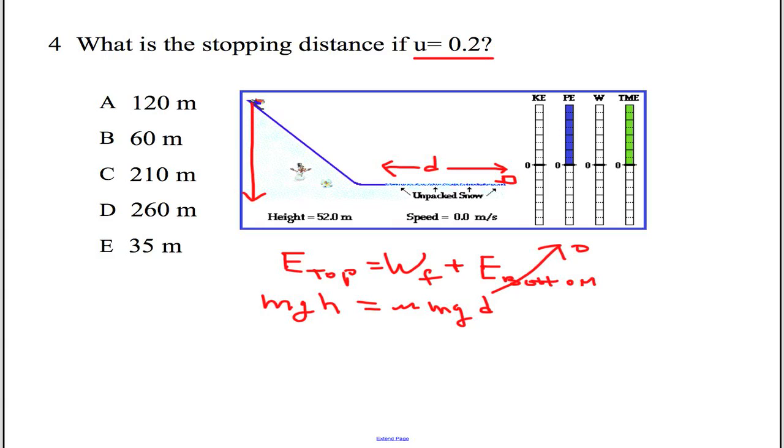You notice that the masses cancel here, the g's cancel here, and therefore h is just equal to mu times d, where d is the stopping distance, which is what we're looking for in this case. So d is equal to h, the initial height you had, divided by mu. So the initial height you had was 52.